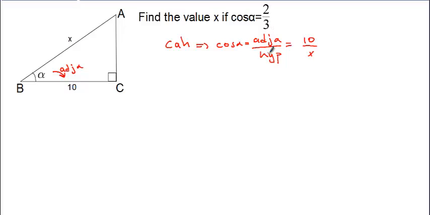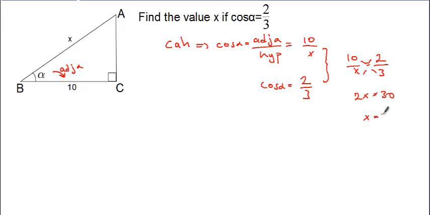It must be. And cosine alpha is given at the same time, 2 over 3 in the question part. So it means that 10 over x must be equal to 2 over 3. When you cross multiply, 2x is equal to 30, 3 times 10. X is equal to 30 over 2. X is equal to 15. It must be.